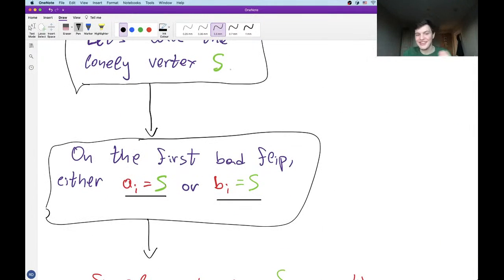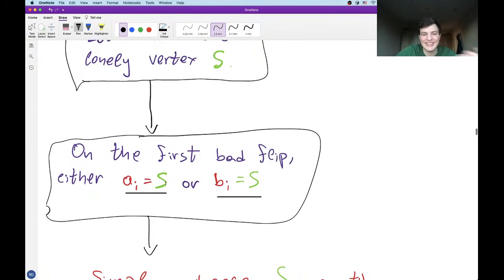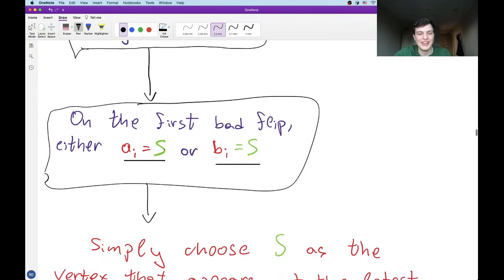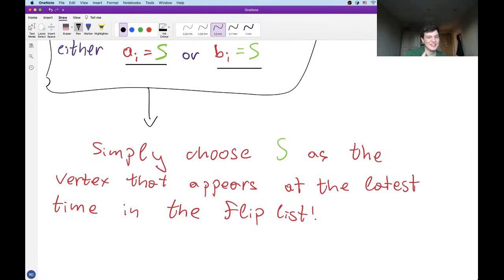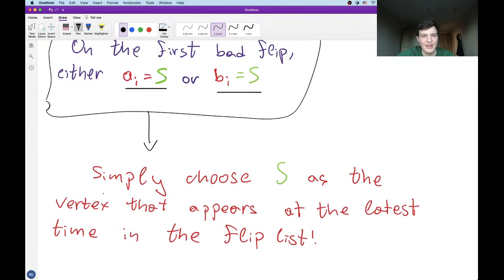Now instead of 1, we just have an S here, because let's introduce a variable; it will be easier to argue about the whole thing. Now I'm going to say the solution, which is that we should simply choose S as the vertex that appears last in the flip list. We know that for the first bad flip, either AI is equal to S or BI is equal to S. So we can choose S as any of the vertices from 1 to n.